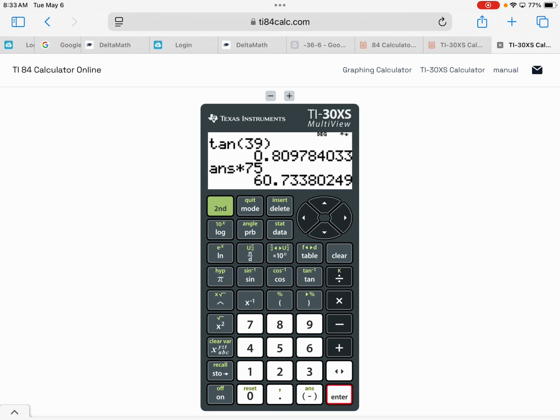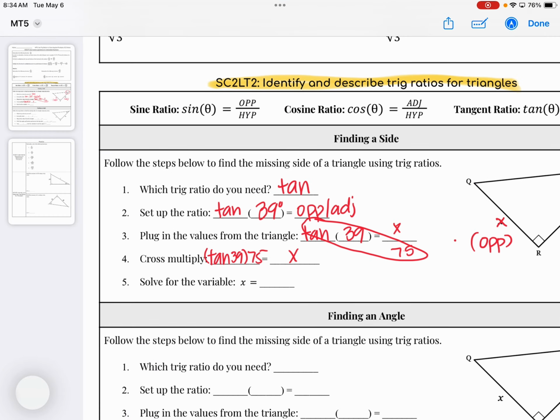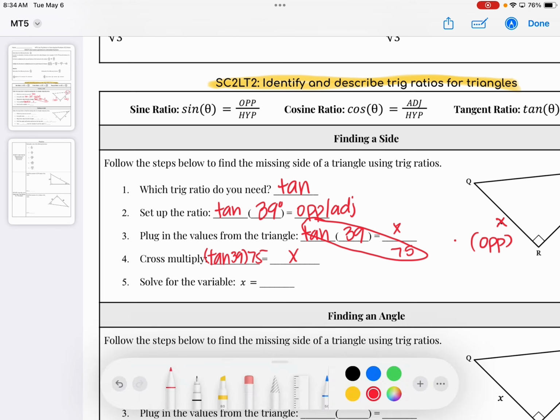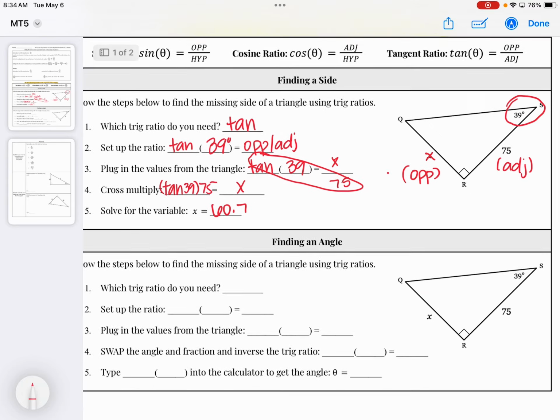And I should get 60.7. So my X is going to be 60.7. That's what my side is, and that's how we figure out our side.